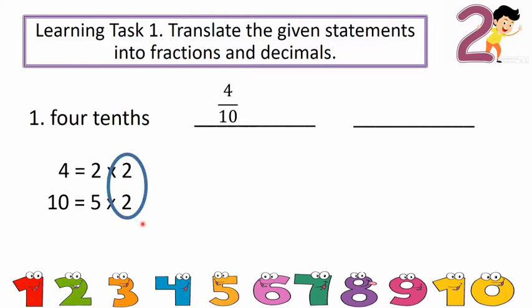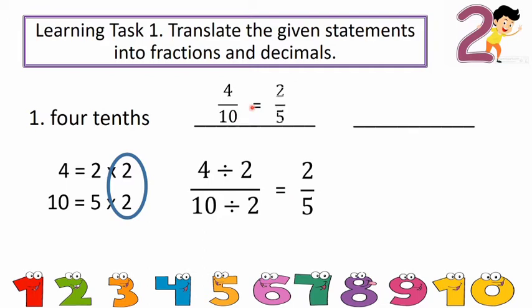Since 2 is the GCF, we will divide the numerator and the denominator by 2. So we have 4 divided by 2 over 10 divided by 2, which is equal to 2 over 5. So the lowest term of 4 over 10 is 2 over 5.